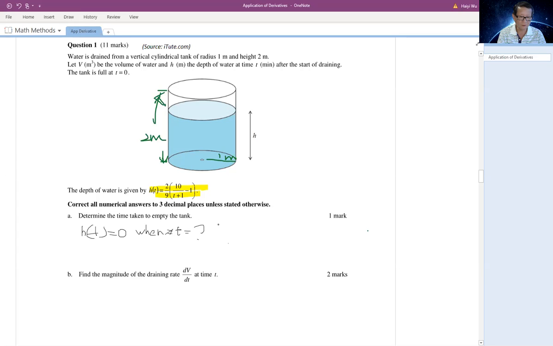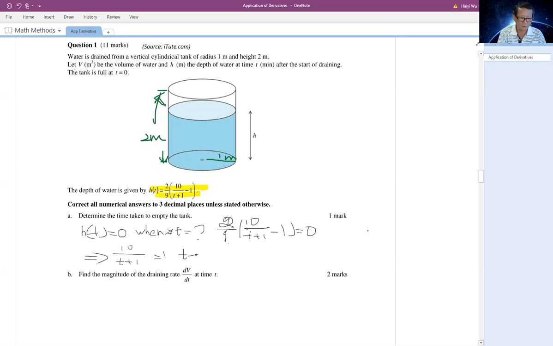So let's solve that. We have 9 divided by 2 divided by 9, 10 T plus 1 minus 1 equal to 0. So let's solve for T, which is a pretty simple equation.